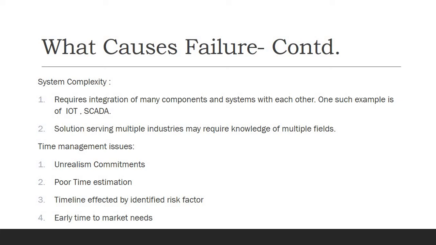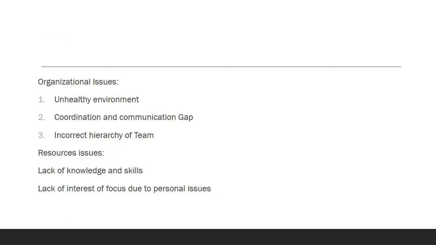For example, you say that you can do the work in 1 or 2 months, but that is not estimated the right way, and it may take 3 or 4 months. That results in poor time estimation. Sometimes there are key risk factors that may lead to poor time management issues. Sometimes there are early market needs that you have to meet before launching something. So that is basically the time management issues.